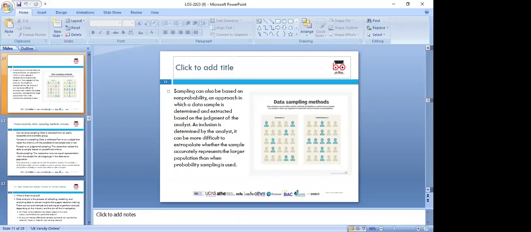Sampling can be based on what? A non-probability. Because you cannot tell the exact outcome, you do random sampling where data is determined and you extrapolate based on the judgment of the analyst.